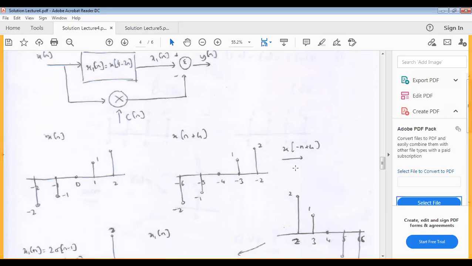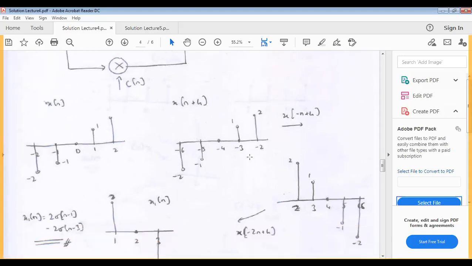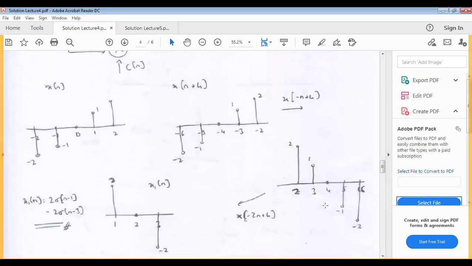Afterwards, we do a reversal process in which all of these negative n values are folded to positive n values. As a result, -2 will now move to +2, -3 will move to +3, and up to -6 will move to +6. This is the result of the folding, or time reversal, operation. And finally, we have a scaling of time where we divide all these n values by 2.